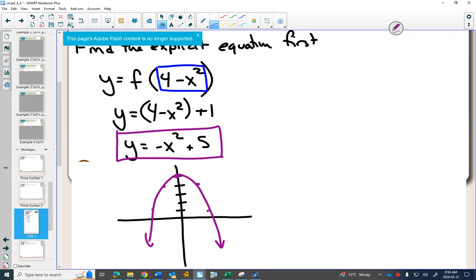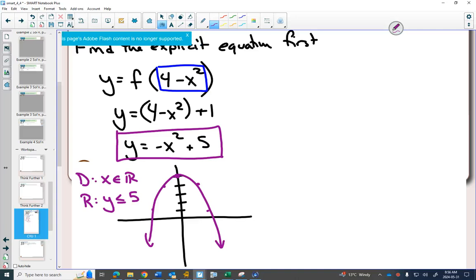And now, with that graph, it's easy to see the domain of this one is also everything, but my range is that y is less than or equal to 5. So if you can find the explicit equation, it will usually turn out to be something that you know how to graph, and if you know how to graph it, then it's going to be easy to find its domain and range.